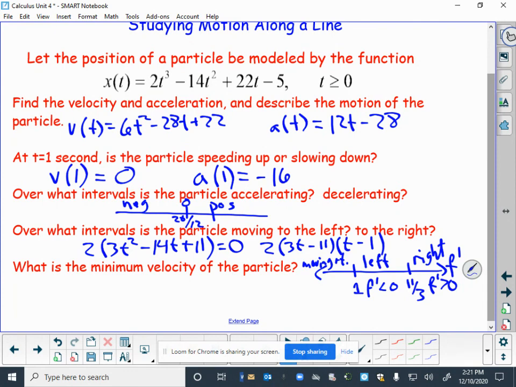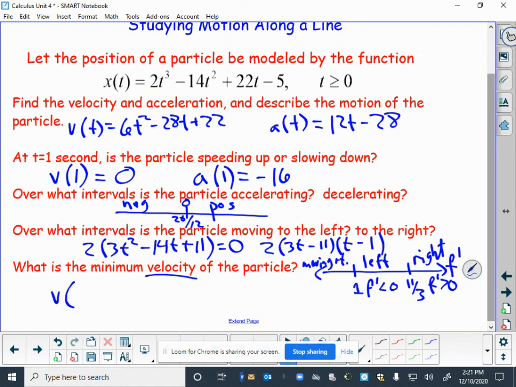What is the minimum velocity of the particle? The minimum speed of the particle is 0, but the minimum velocity is going to be at the vertex of that velocity equation, which we already decided was at 28/12.